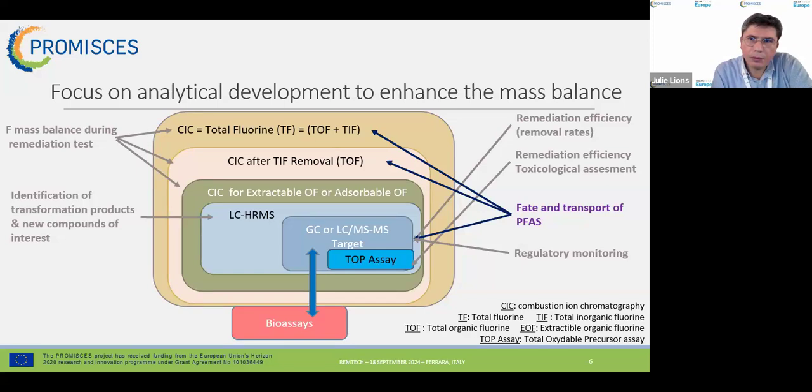Here, these methods are useful for the regulatory monitoring, but also to address the transport patterns, and of course the remediation efficiency. This targeted analysis can be done directly on samples, but also after preparation. That is the TOP assay, and I will develop this more in the next slide.